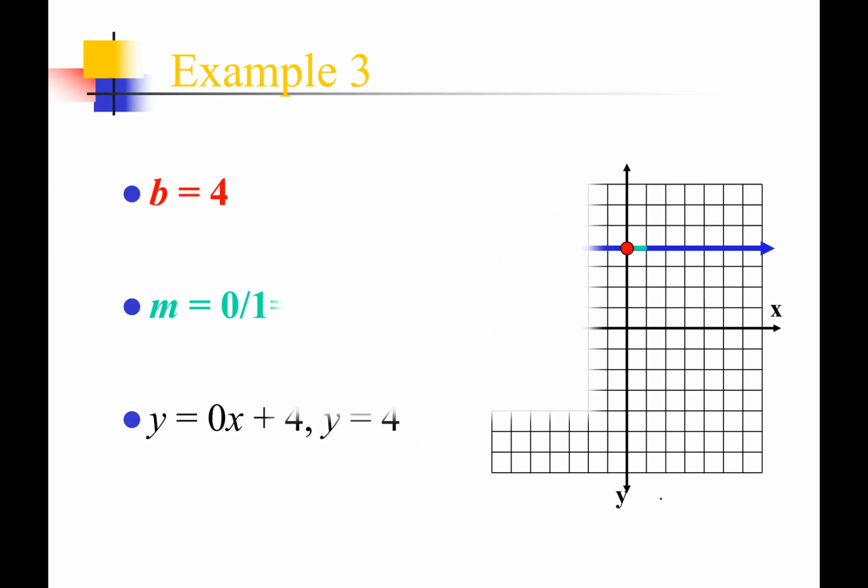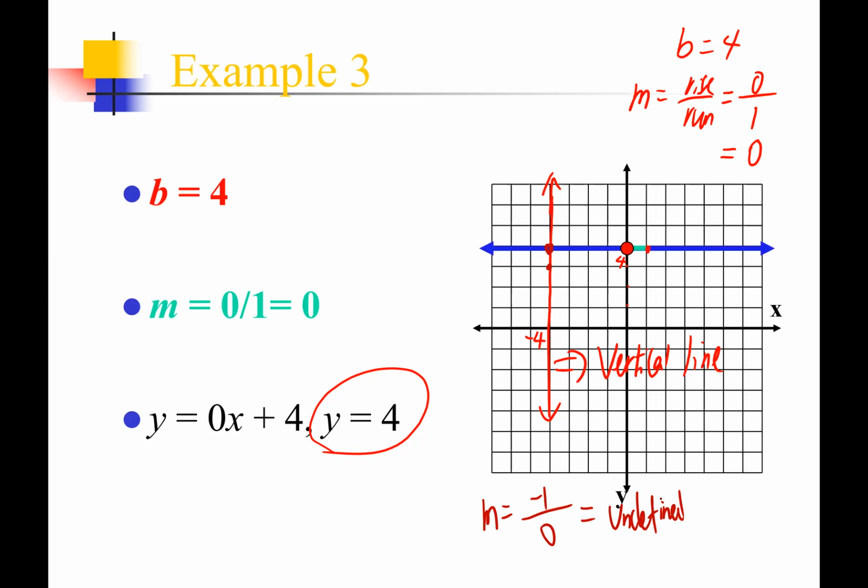That's why for all vertical lines, the slope is undefined. And the way you write it is just the x value, right? Because the x value always remains the same. Here, the x value always remains as -4. Okay, so that's how you identify the vertical line.